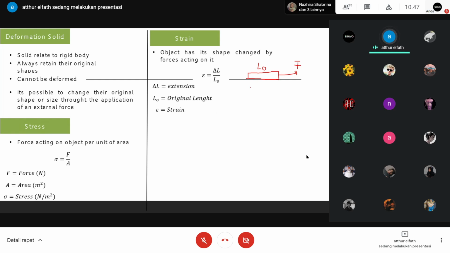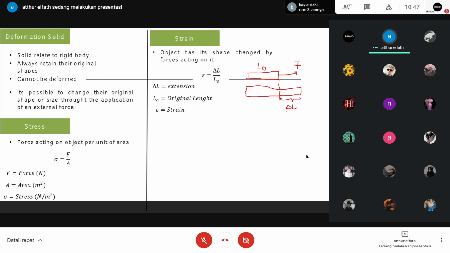This means the rubber will be longer than the original length. This is the original length, and from this line until the end of this object is called the extension.